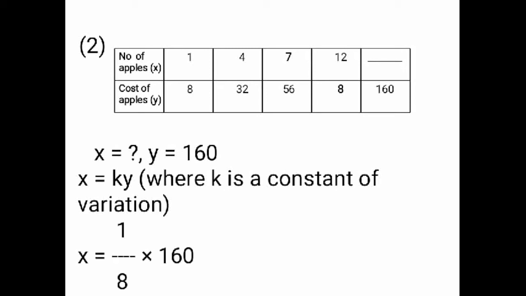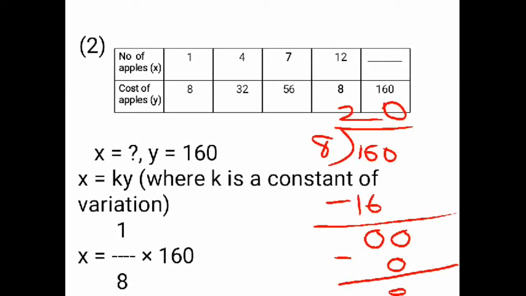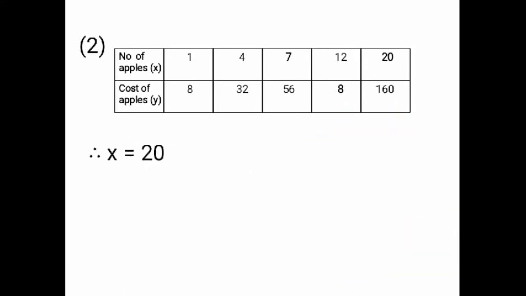X is equal to 1 upon 8 into 160. Divide 160 by 8. I am getting the quotient 20. Therefore, x is equal to 20. If you got the value of x 20, you have to write the answer here.